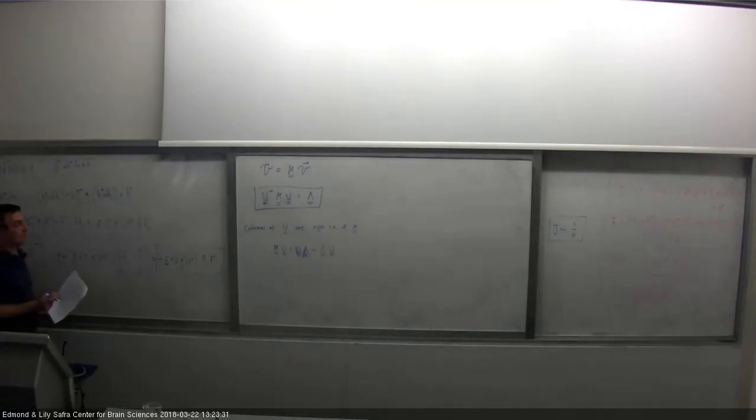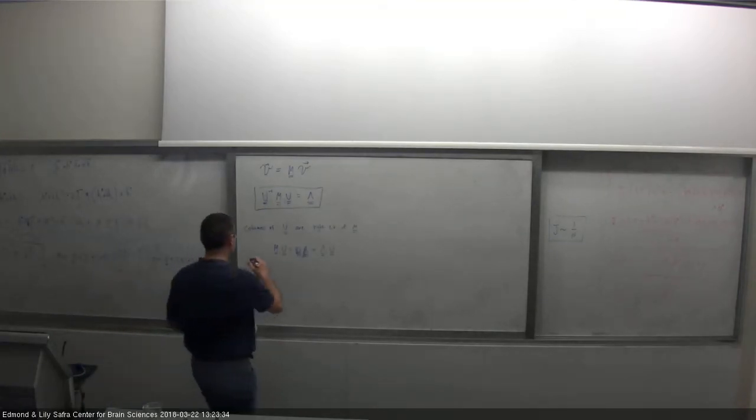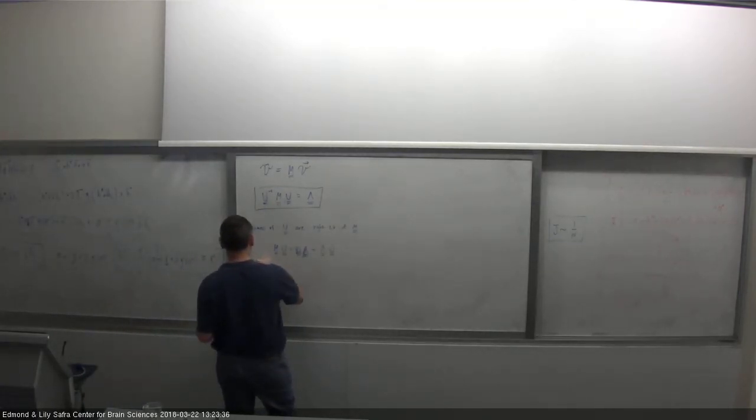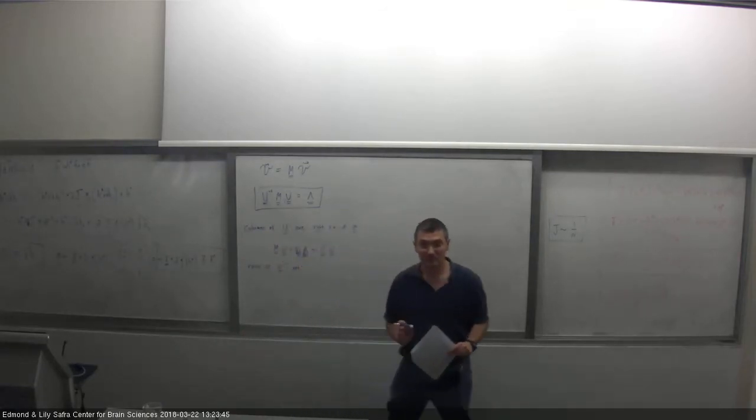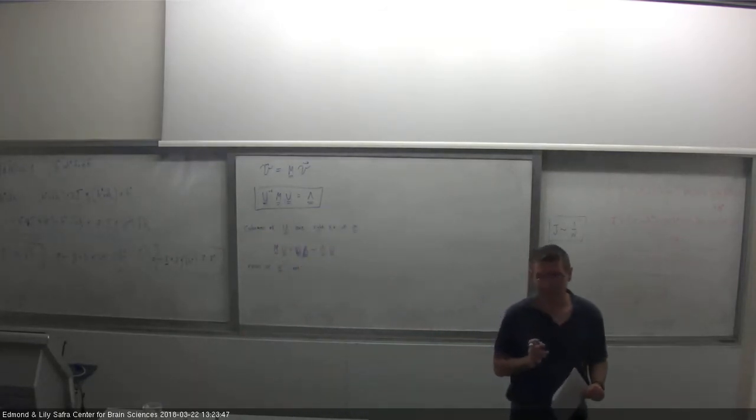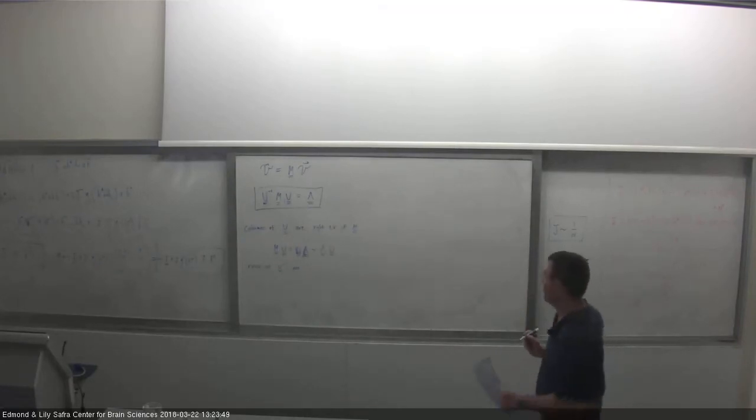What can we say about the rows of U to the minus 1? Left eigenvectors.